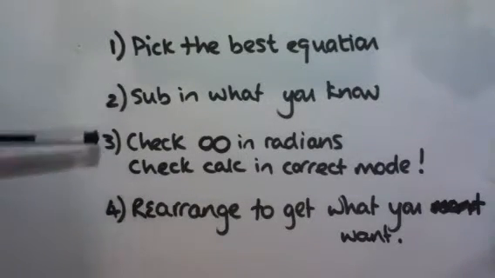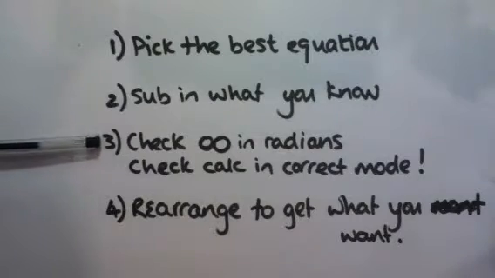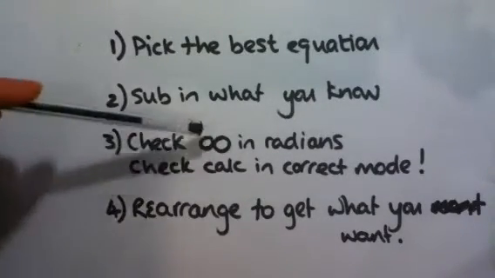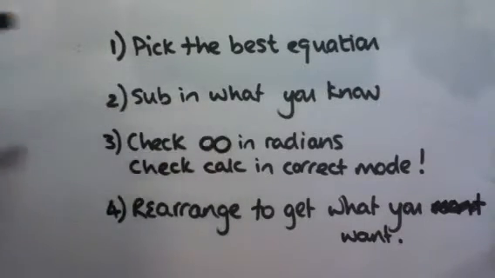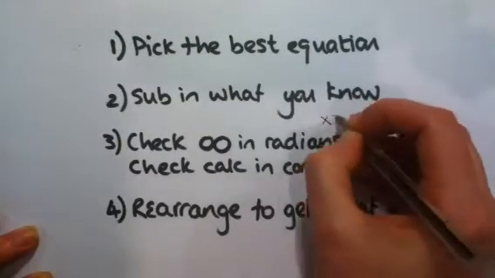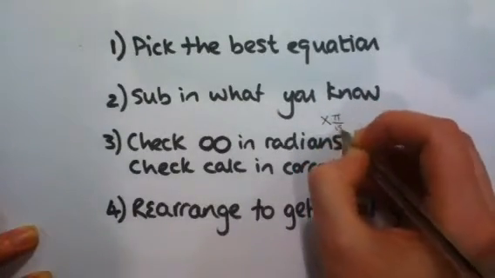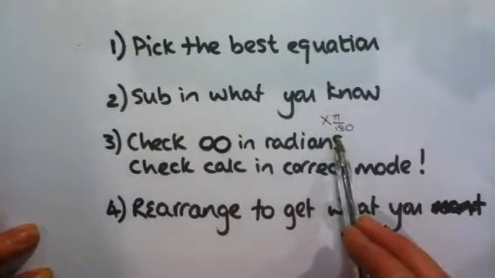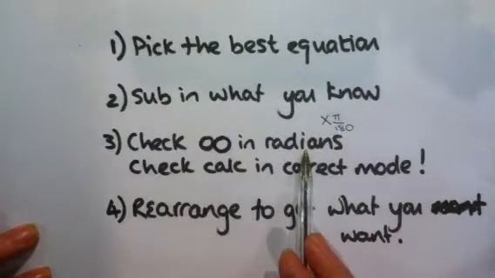And 3, very important, check that your sector area and your arc length are in radians. Lots of people make the mistake of having the theta in degrees, and it has to be in radians. Reminder of how to change to radians: you multiply by pi and divide by 180. So if you take your angle, multiply by pi and divide by 180, it'll turn into radians.